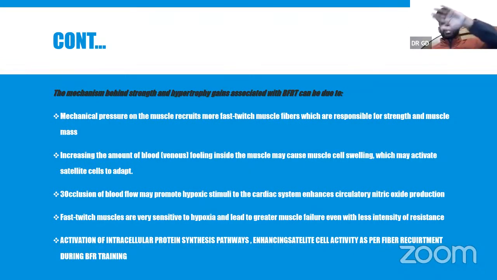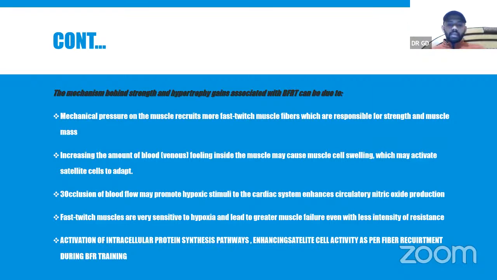That's why you get huge biceps and a bulky muscle feel. And this will be enhanced by blood flow restriction training. Why? Because you are arresting the venous flow and the arterial flow, so more blood will accumulate than normally without BFRT. So definitely it gives the signal to the satellite cell to grow in a greater amount.